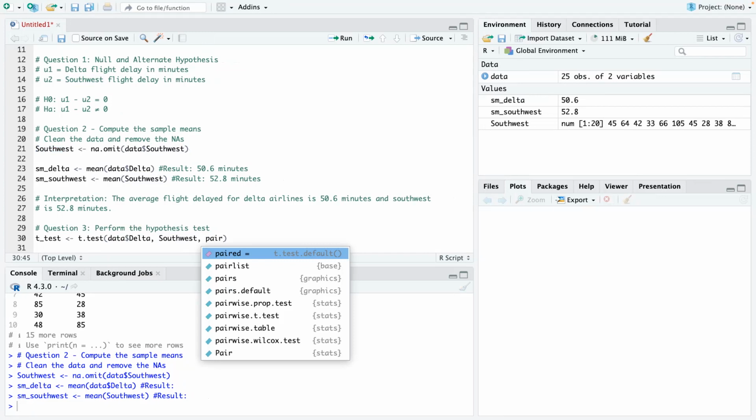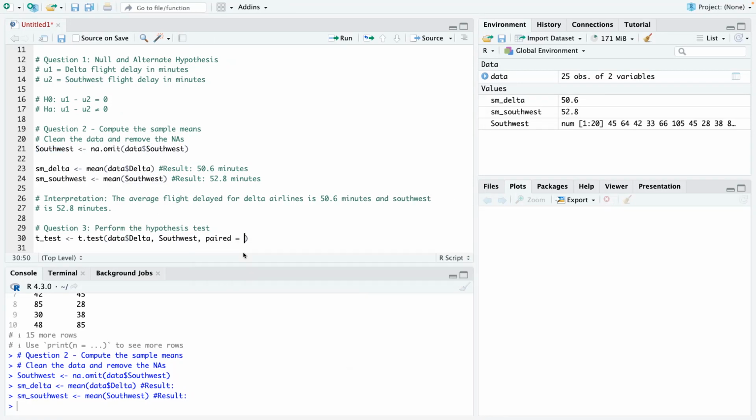We're putting paired as false because we're working with unpaired data. It's not a matched sample. That's why we have paired as false.